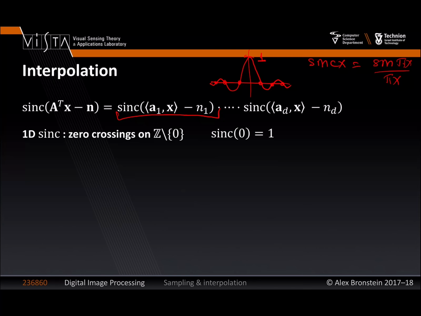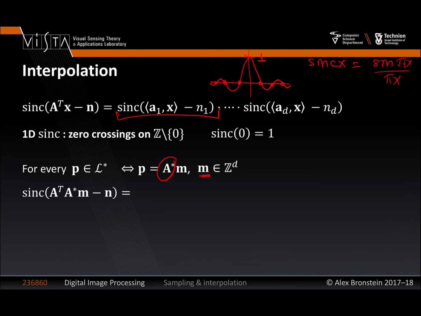So if we now take this d-dimensional sinc on the dual lattice L star, so if I take p from the dual lattice, it is equivalent to taking some vector m from the standard integer lattice and stretching it by A star. So if I write this expression for the sinc, this is p, it will give me sinc m minus n.